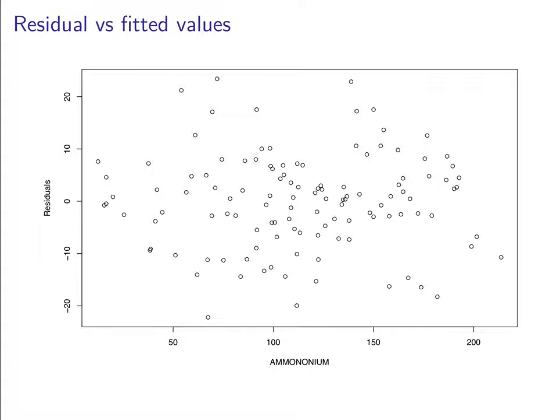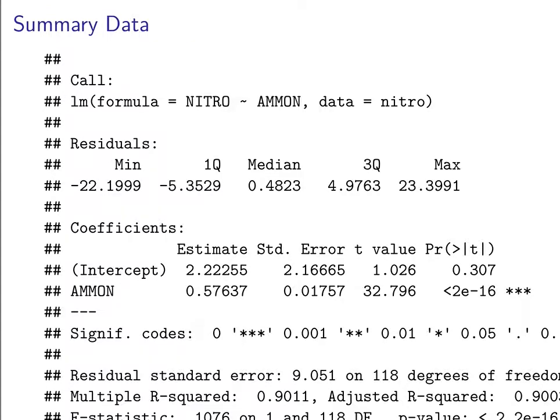Uniform towards 0. And so by calling the summary of this linear model, we get to see that beta 0 is 2.225, and then beta 1 is 0.57637. And then we see, even though it's kind of cut off down the bottom there, that the adjusted R squared is 0.9, and then the p-value for the intercept is pretty high at 0.307.